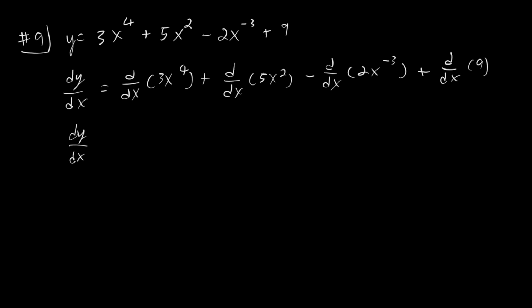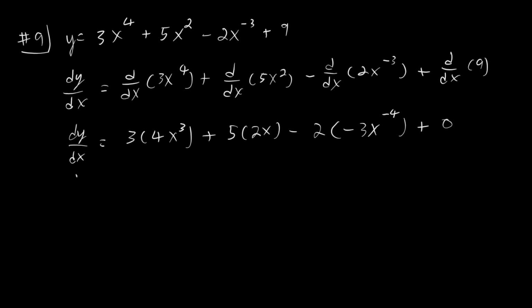The derivative of 3x raised to 4 is 3 times 4x raised to 3, plus the derivative of 5x squared is 5 times 2x, minus the derivative of 2x raised to negative 3, which is just copy the 2, then bring down negative 3. The exponent will become negative 4, since negative 3 minus 1 is negative 4. Then the derivative of 9 is 0.